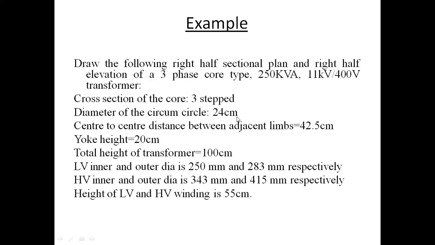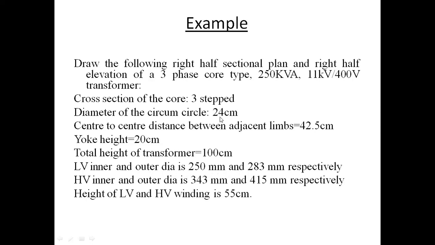Diameter of the circumcircle is 24 centimeter, and if you want you can convert that into millimeter. Center to center distance between adjacent limbs is 42.5 centimeter. Yoke height is 20 centimeter. Total height of transformer is 100 centimeter. LV inner and outer diameter is 250 mm and 283 mm respectively.